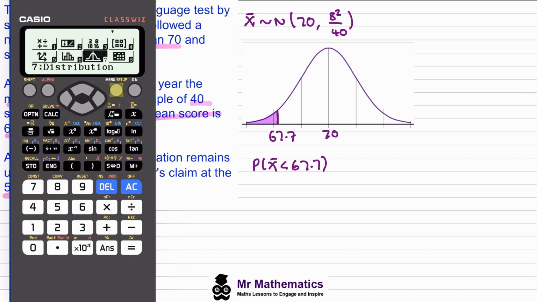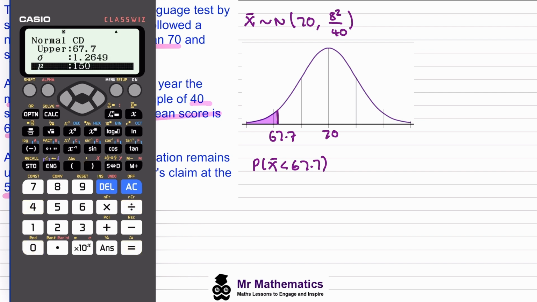If we go to menu, option 7 for distribution, option 2 for normal CD, then we want our lower to be 3 standard deviations below the mean, or anything less than that, so I'm going to say 0. The upper, 67.7, our standard deviation will be the square root of 64 divided by 40, which is our variance.